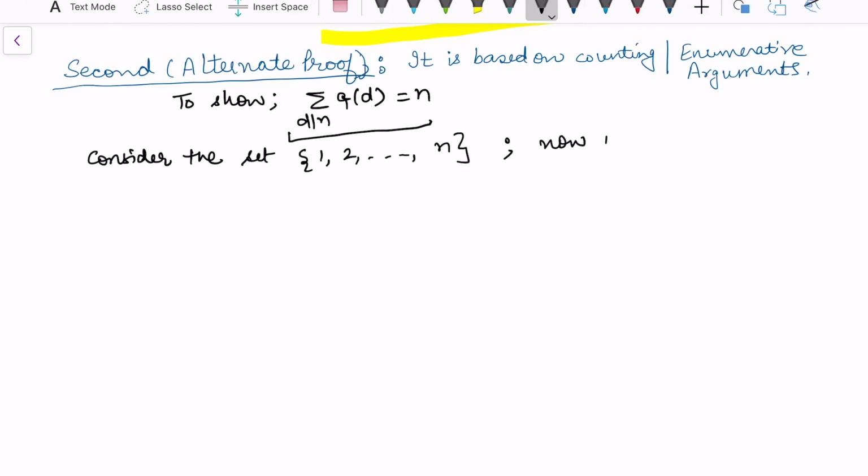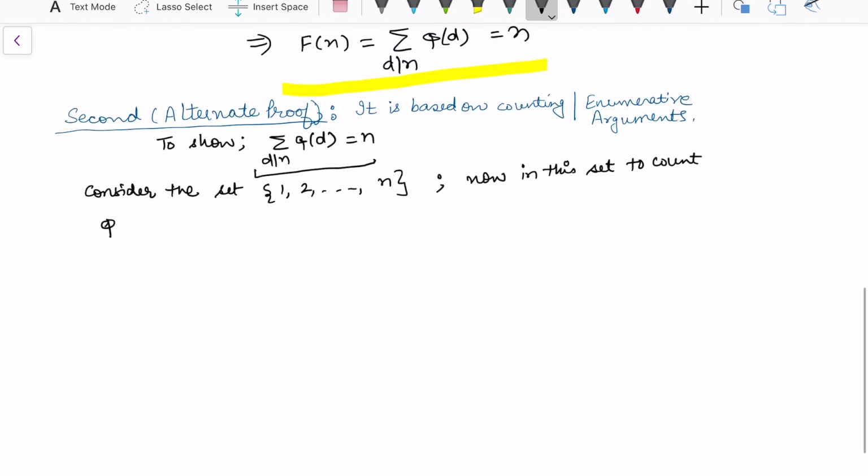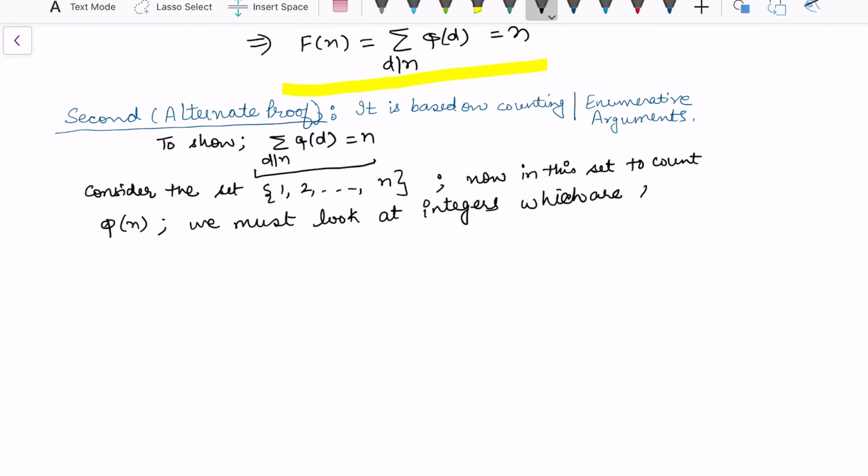Now in this set, to count phi n, we must look at integers which are relatively prime to n and less than n. So we want to count phi n, and we should be looking at the positive integers within the set which are relatively prime with this n.